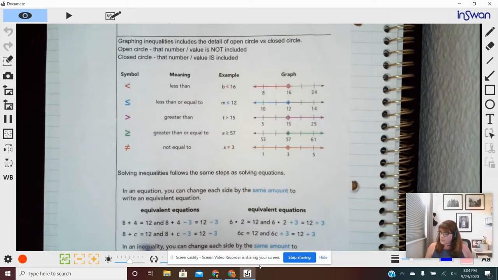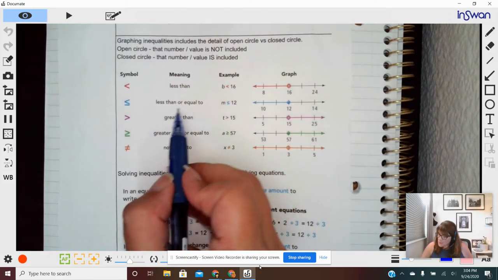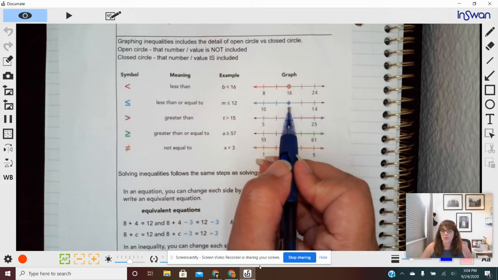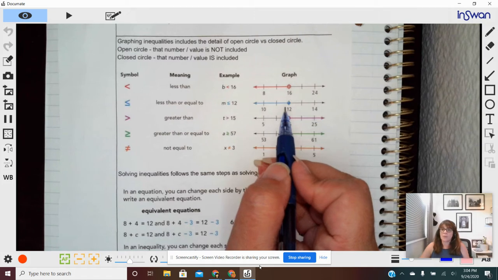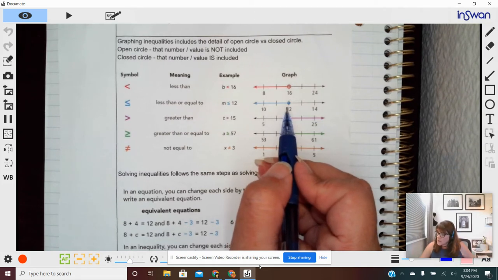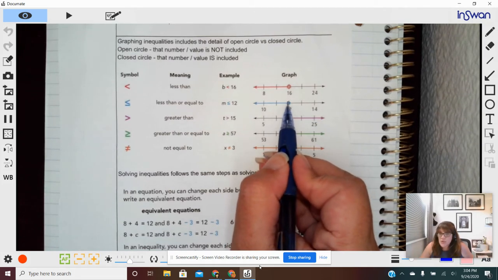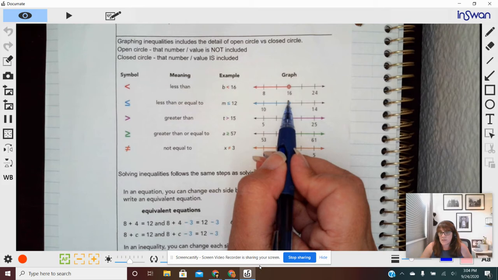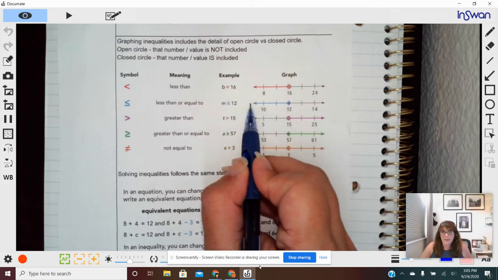But notice here, when it's less than or equal to, you must be 12 years old or less to participate in McDonald's Playland. It's a closed circle, and it's still all the people, including 12 now, because it's closed, and younger.